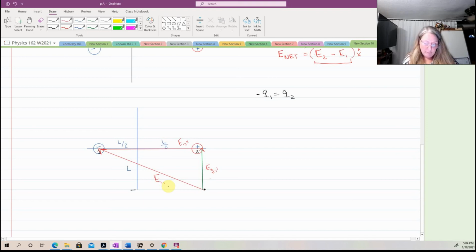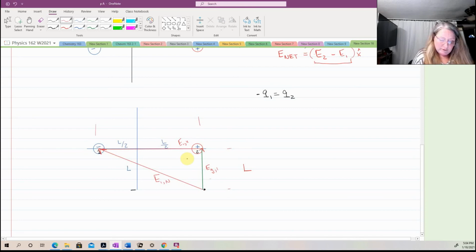And so what do I know? For this triangle, for this side here, I know that I came down L. And for this side here, let's see, L over 2 plus L over 2.